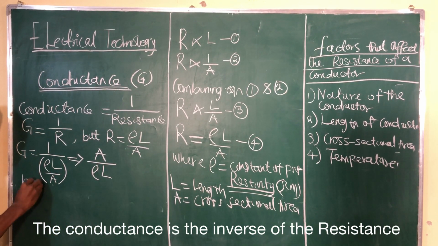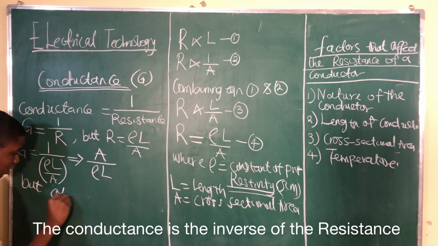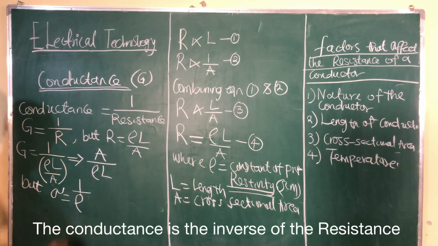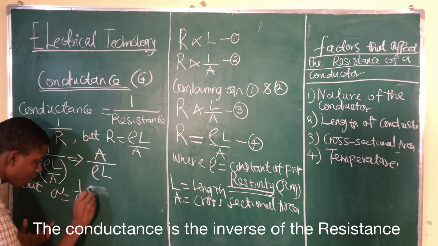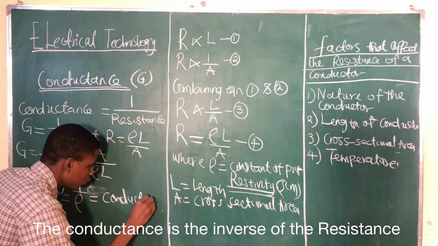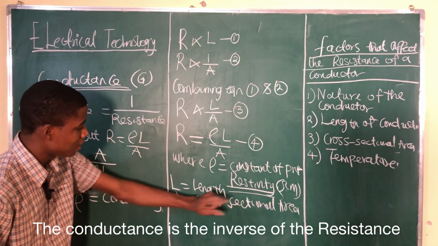But we know that the conductivity is equal to the inverse of what? The resistivity. The conductivity is equal to the inverse of the resistivity.